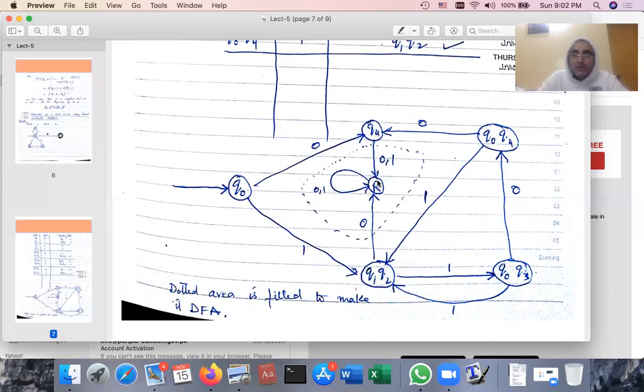This is the rejection state. And from this rejection state, I cannot draw an edge to the other states.